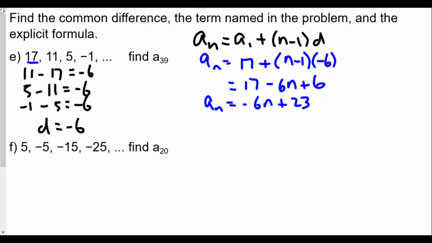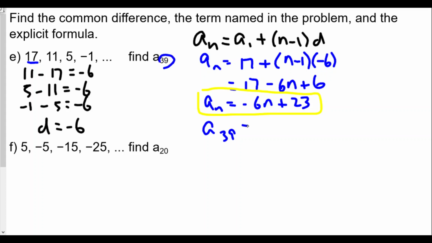So we find the explicit formula first. You say, well, why do that? Well, now that we have a sub n as a formula, we're going to plug in 39, because the 39th term is going to be our n.